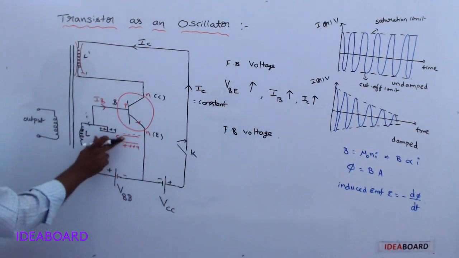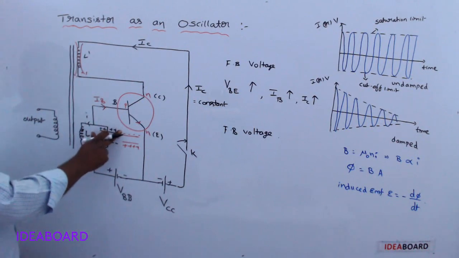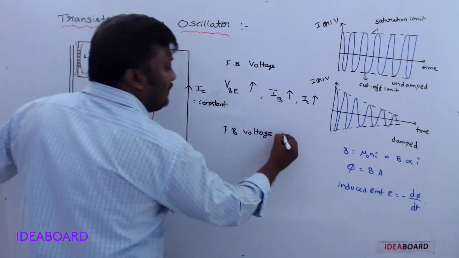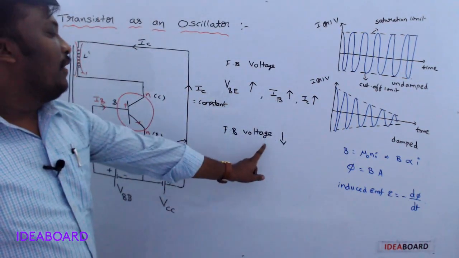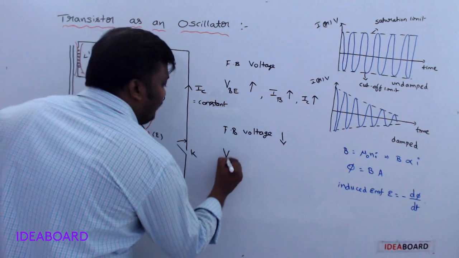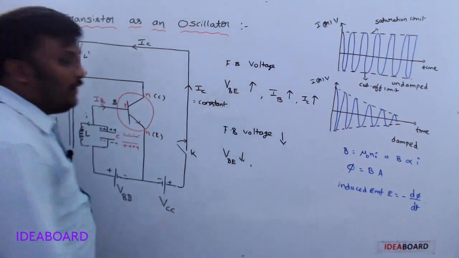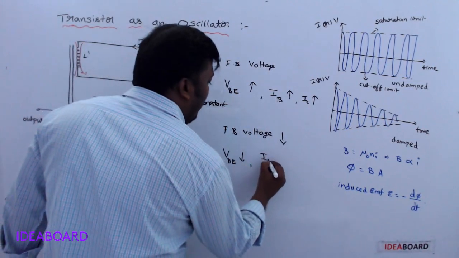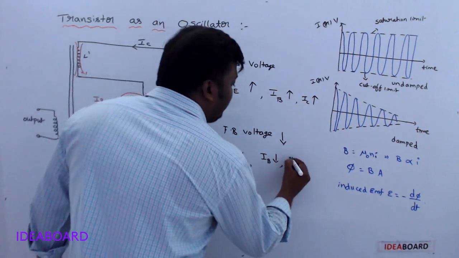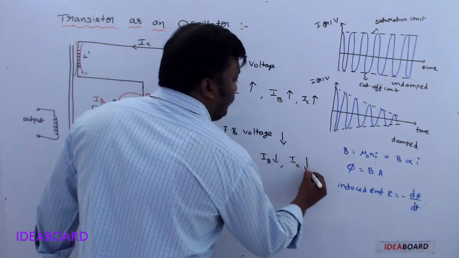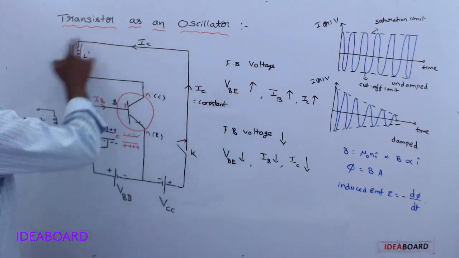Now, due to the negative potential of the capacitor, due to the negative plate of the capacitor, this value decreases. Whenever forward bias voltage decreases, VBE decreases. If VBE decreases, IB decreases. If IB decreases, IC also decreases.